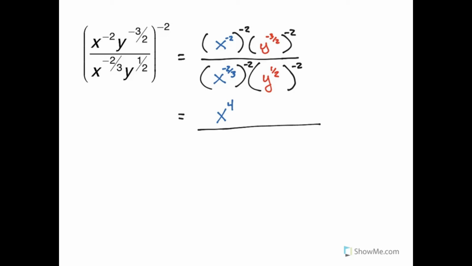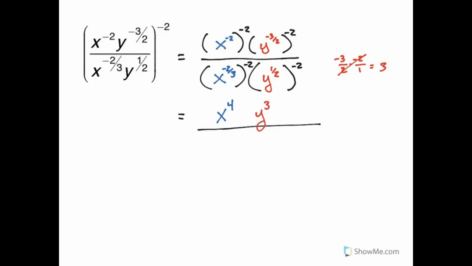And y to the negative 3/2 times negative 2, well, negative 3/2 times negative 2 is positive 3. So now I have y to the positive 3.